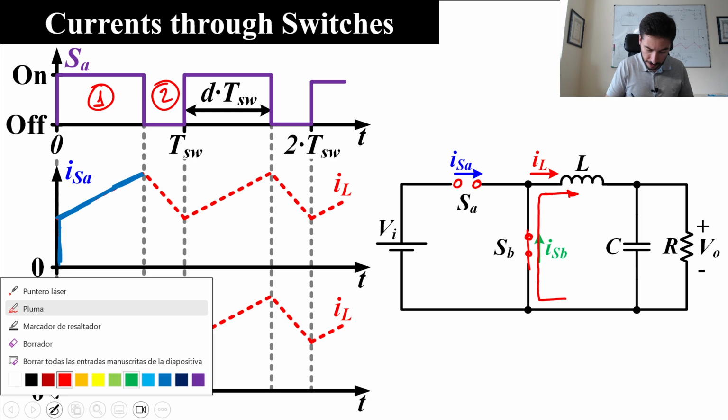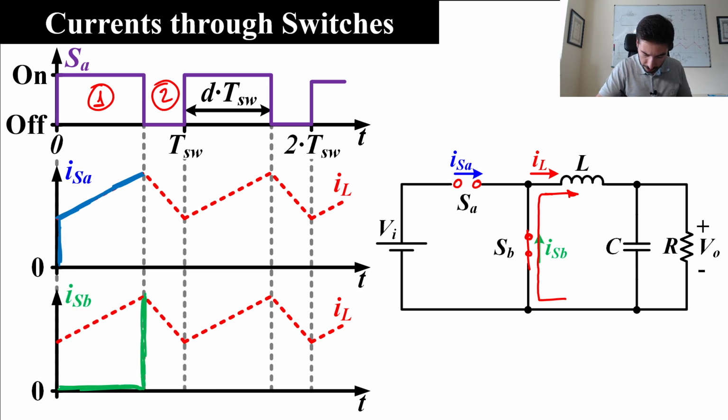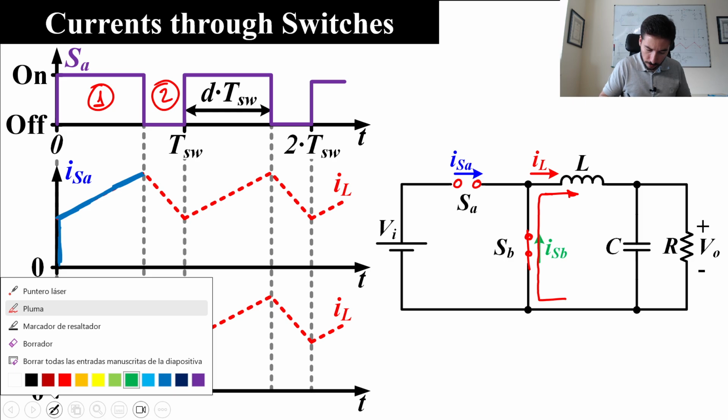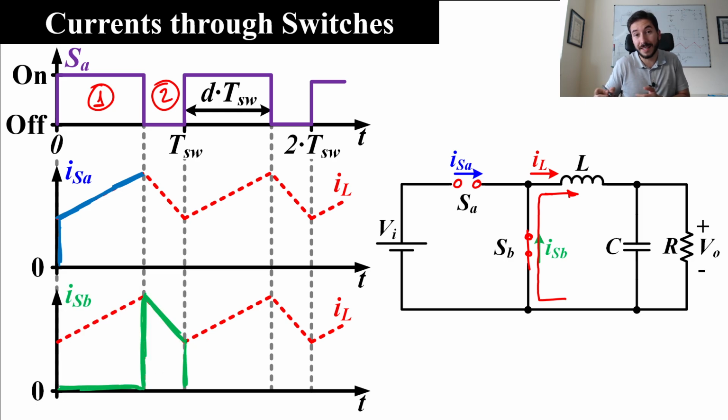So essentially here we have all the inductor current flowing through switch B, and in the case of switch A, the current is 0. And then we repeat the sequence because everything is periodic.